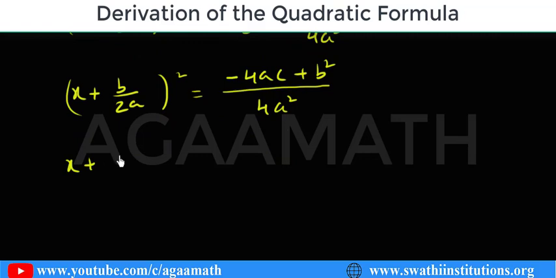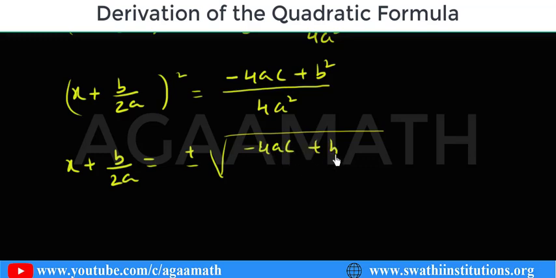So what we get is x plus b by 2a equals plus or minus under root minus 4ac plus b square by 4a square, right?